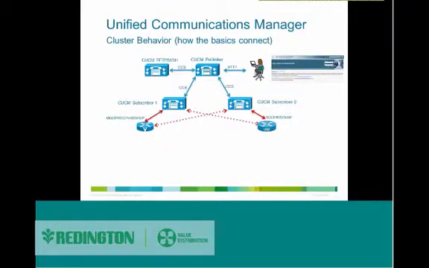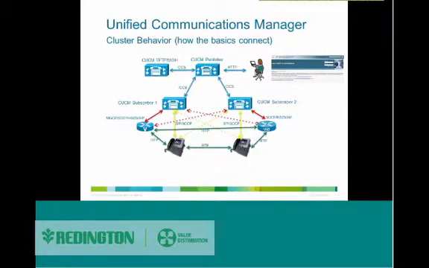The call manager subscribers will in turn connect to the voice gateway, and these voice gateways are connected either on the MGCP protocol or H.323 or SIP protocol. And the IP phones on the network register directly with the Cisco call manager subscriber, either on the SIP protocol or the Cisco proprietary SCCP protocol.